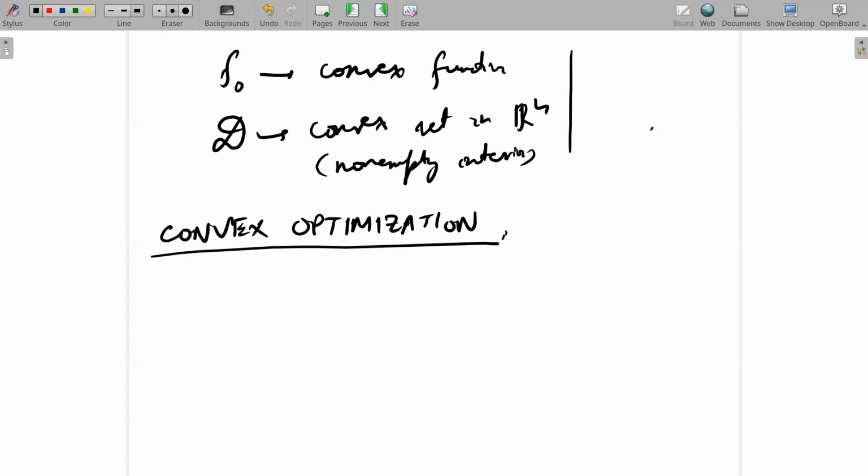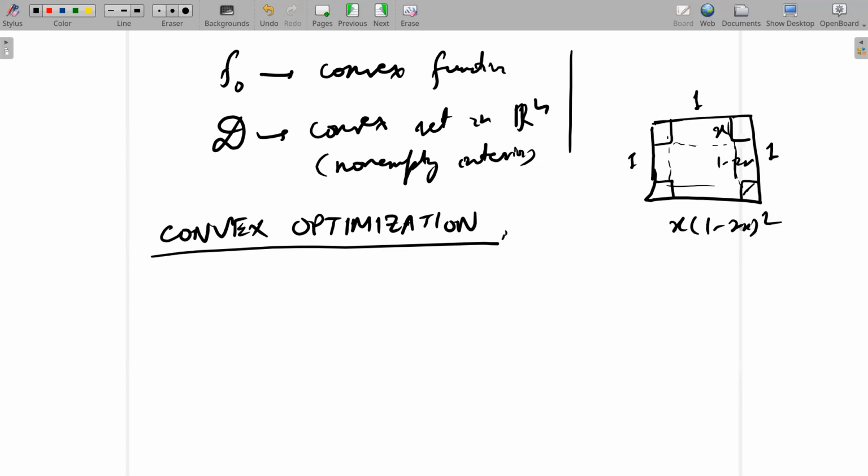For example, maybe in your 12th textbook, it was there, okay, you have this square cardboard of length 1, and I want to cut off the edges, so cut off squares and fold it into a box. How do I maximize this volume? So essentially the volume will be, this is 1 minus 2x, and here the height is x. So it will be x times (1 minus 2x) whole squared, and x lies between 0 and a half. And you want to maximize this function.